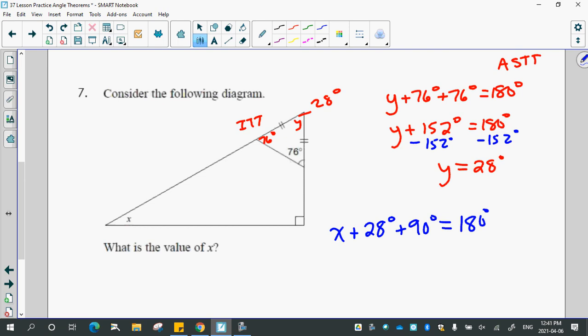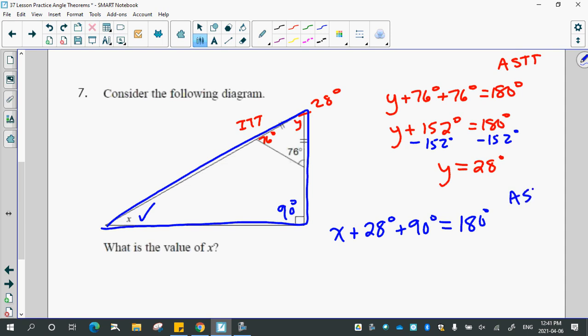Good. So then Amelia was looking at this whole big triangle as her second triangle, right? So she knew she's got to find X, this is 90, and the one at the top was 28. Okay? And that's the angle sum triangle theorem as well.